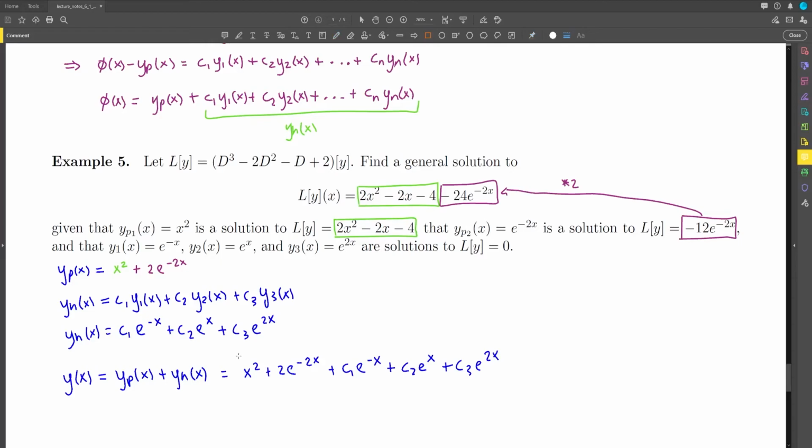And so that is our answer to this differential equation. That's the most general solution to that differential equation.